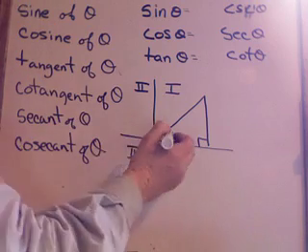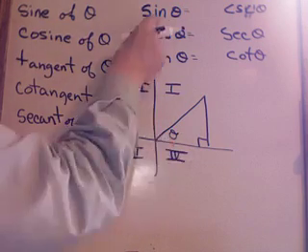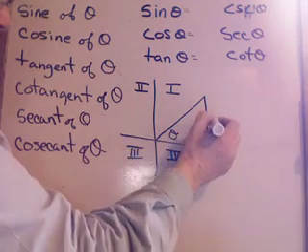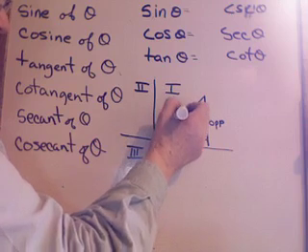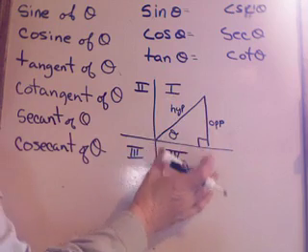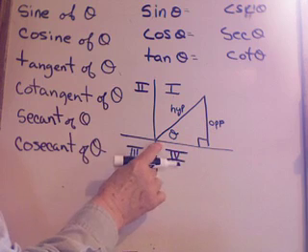So, based on this picture, and I put my theta here, the sine of this particular theta is the opposite side over the hypotenuse. Now, when you have a right triangle, you need to identify where is the hypotenuse, where is the opposite side.